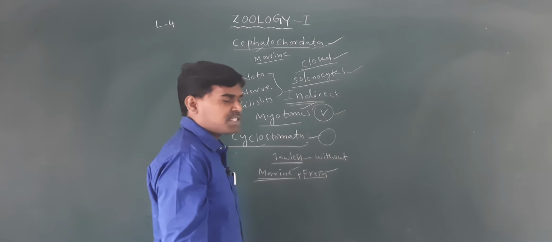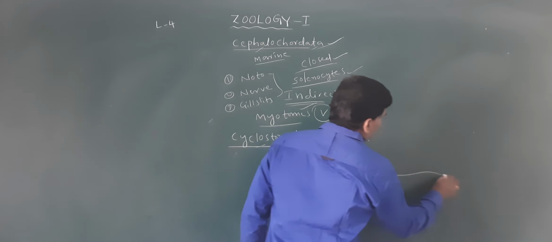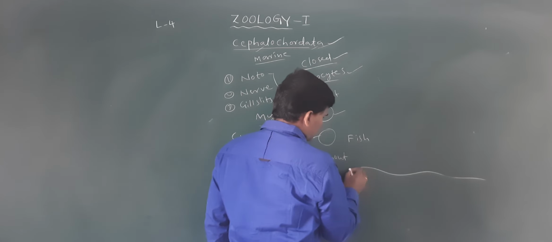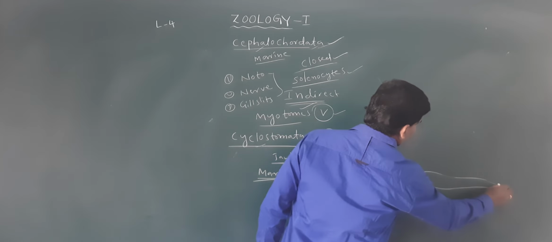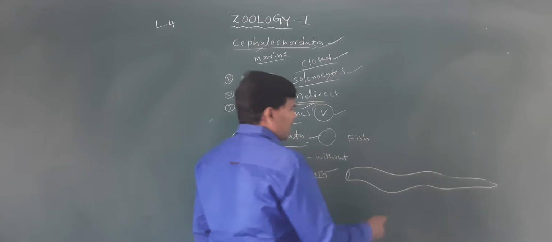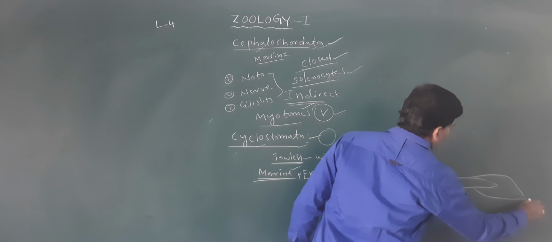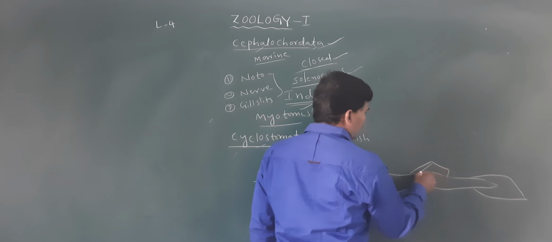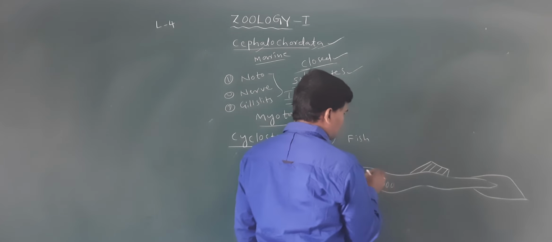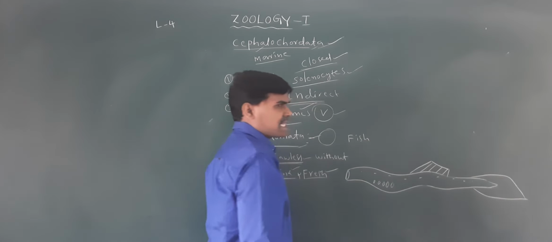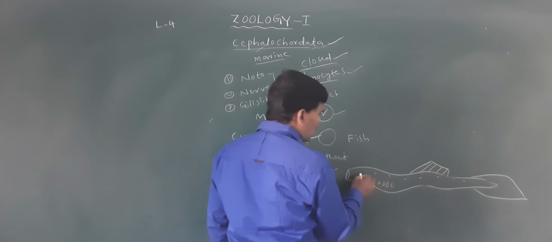They have a fish-like body, with dorsal fins and caudal fins also present. The respiratory organs, the gill slits, are present. The body is slimy and without scales.